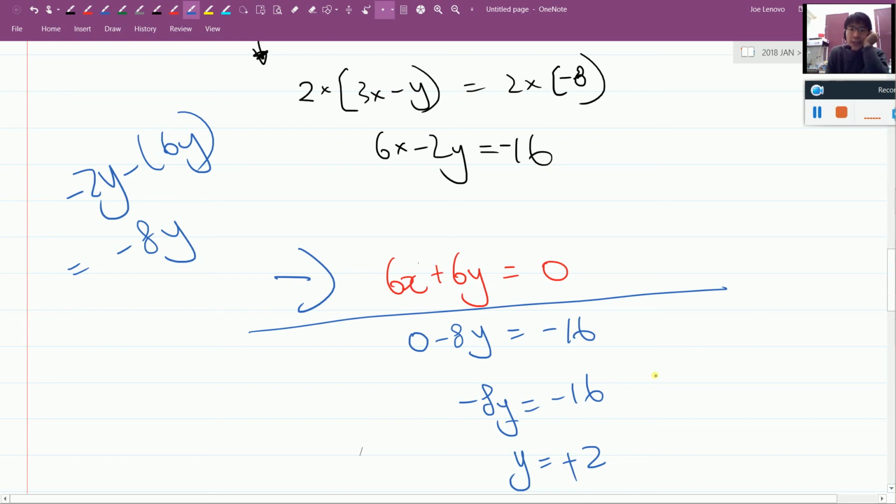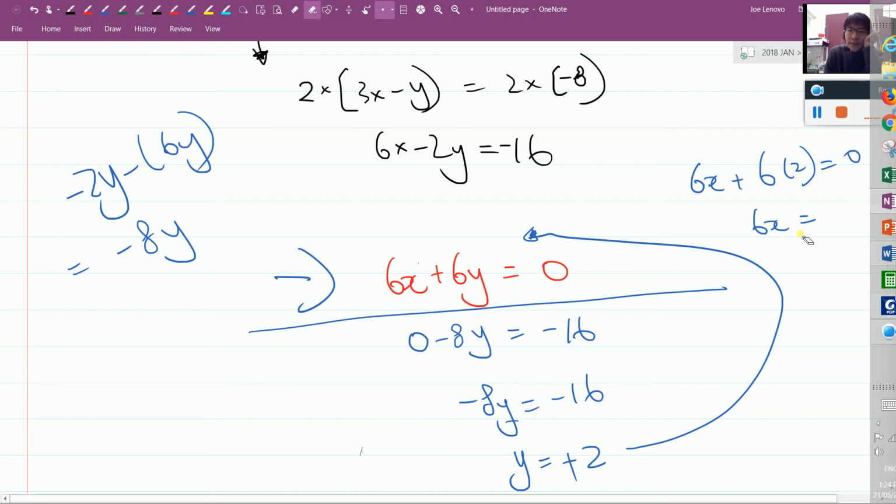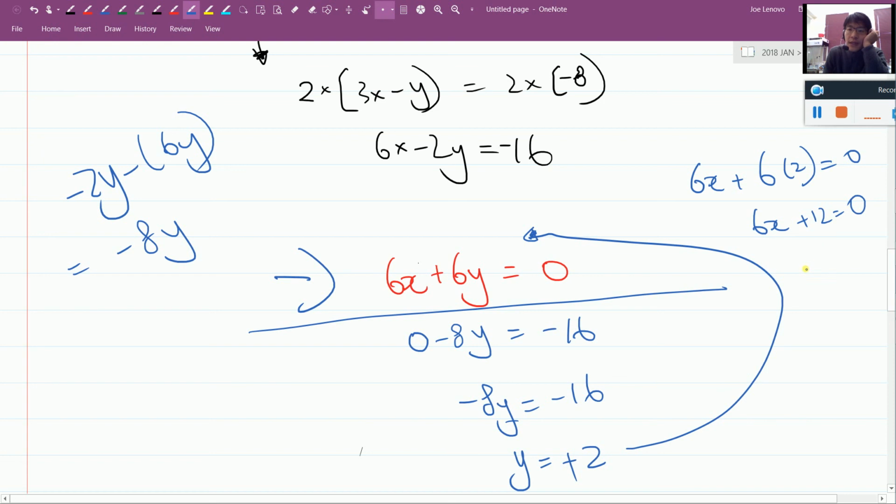When y equals 2, we can quickly substitute into the second equation. 6x plus 6 times 2 equals 0, so 6x plus 12 equals 0, and then 6x equals negative 12 after taking 12 away from each side.